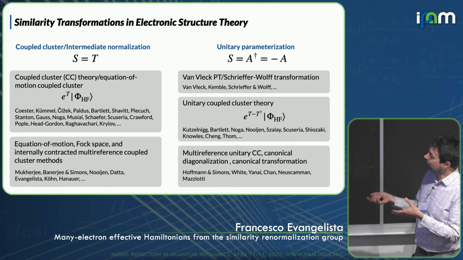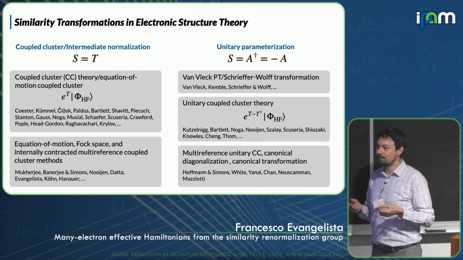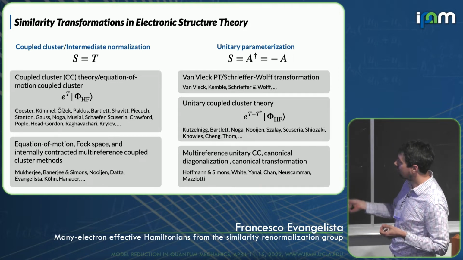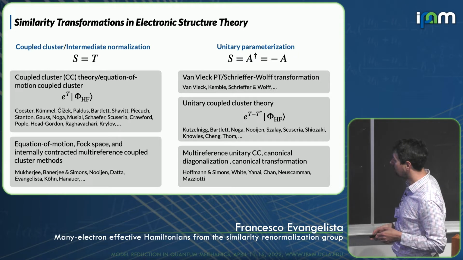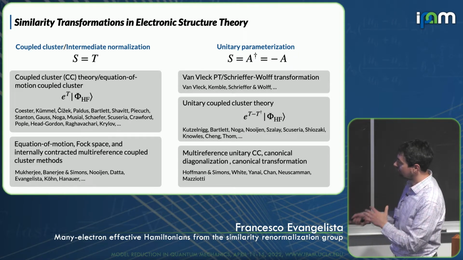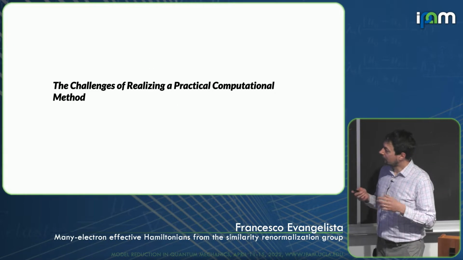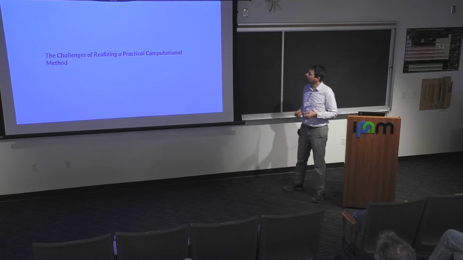In quantum chemistry it is known as unitary coupled cluster theory, which is now making a reemergence because it has connections to quantum computing. And there are also methods that generalize these techniques to the multireference case. So I'm going to be focusing on this last quadrant of the slide. But I'm going to try to carry the discussion from the point of view of how we create models.